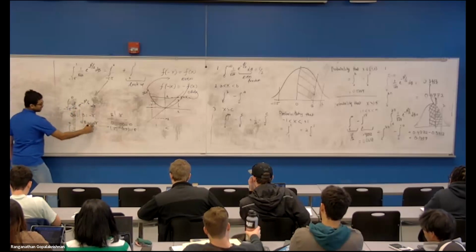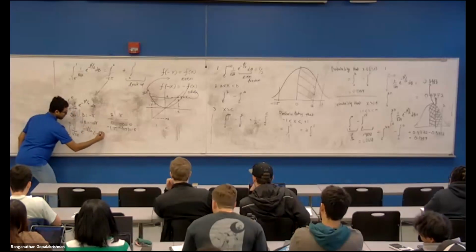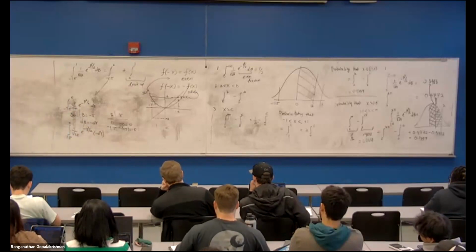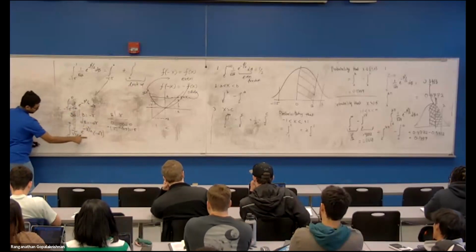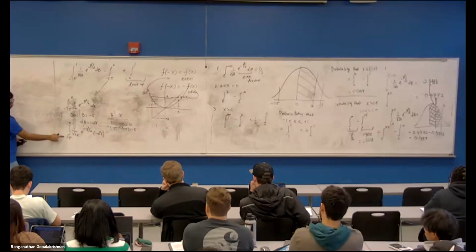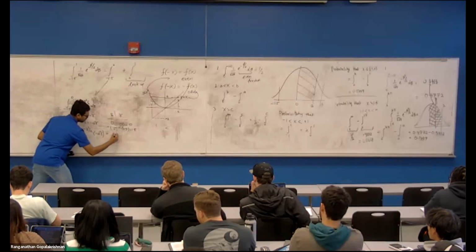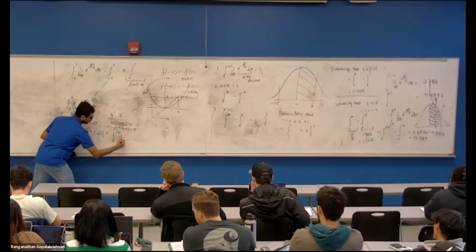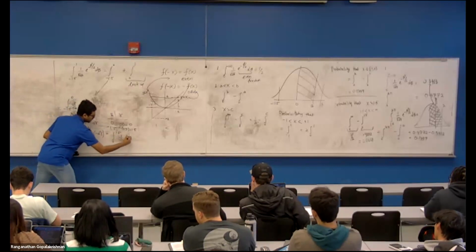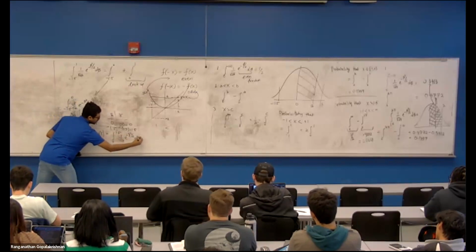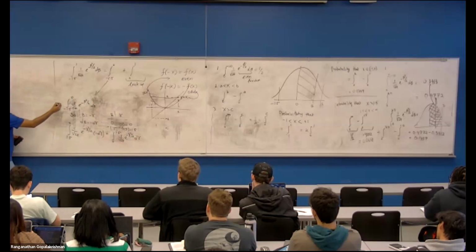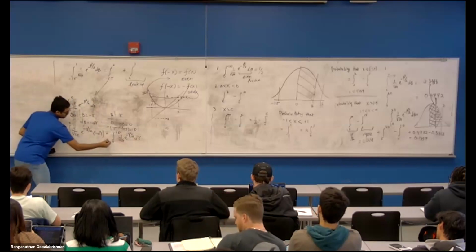D beta is minus d gamma. I have a negative sign and the limits are 1.5 to 0, so I can use it to flip the limits and write this as 0 to 1.5, 1 over square root of 2 pi e power minus gamma squared over 2 d gamma. So this integral is equal to this.